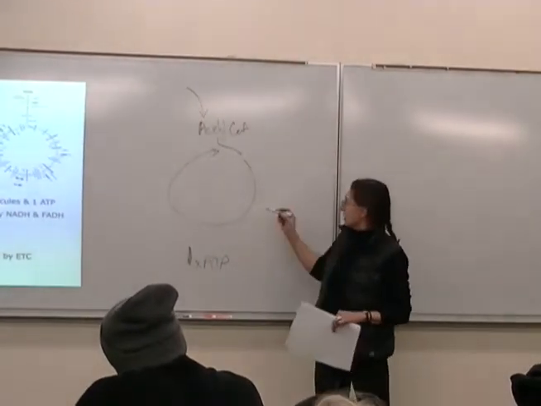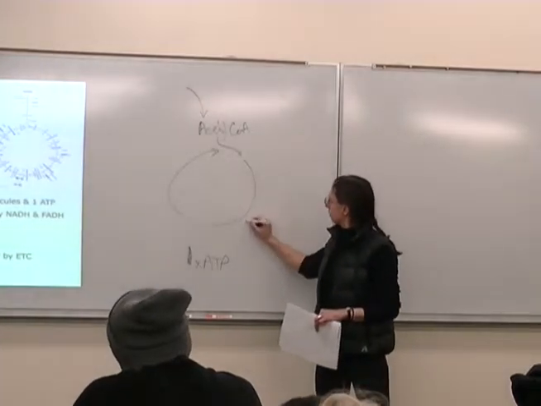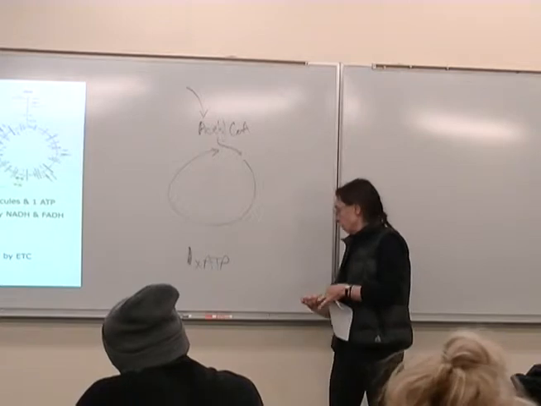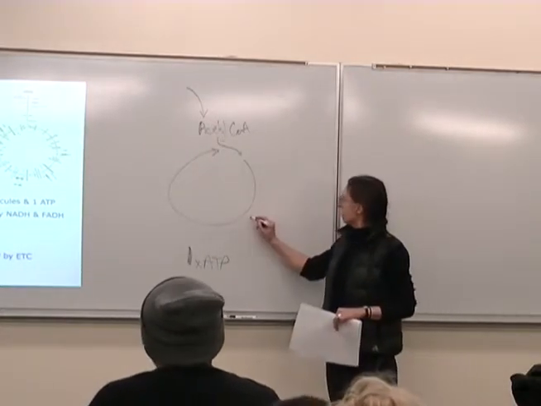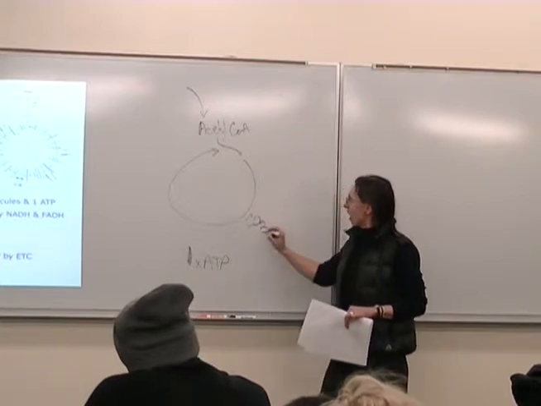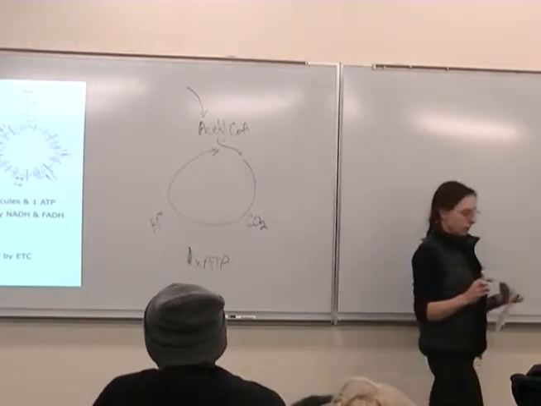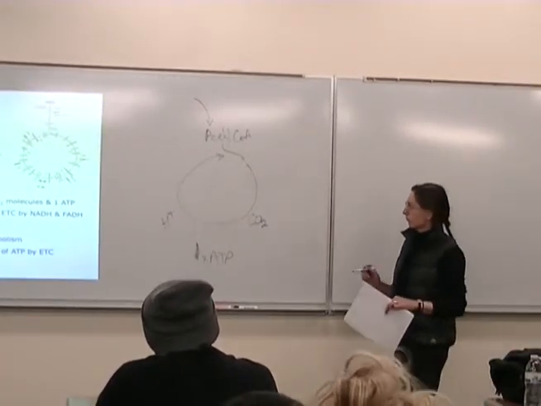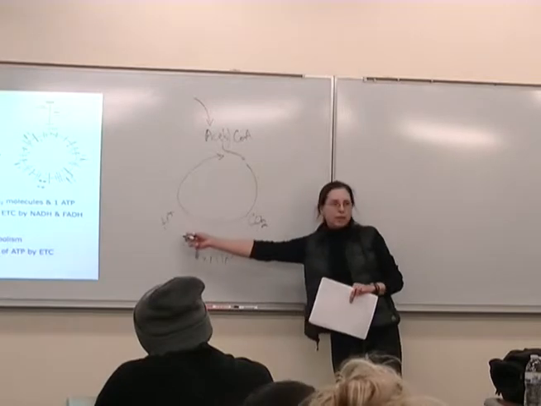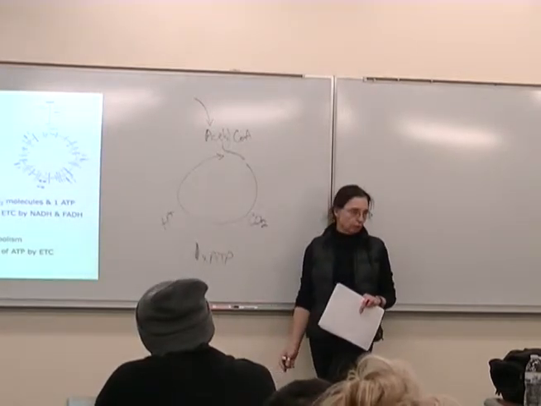We also get some carbon dioxide. Right, we get carbon dioxide, we get lots of hydrogens. So we're making more acid and we're still not getting very much energy.